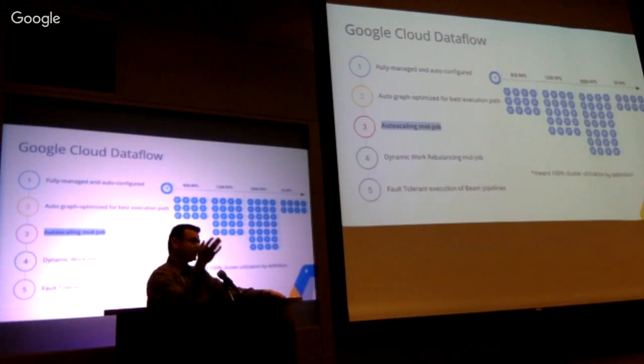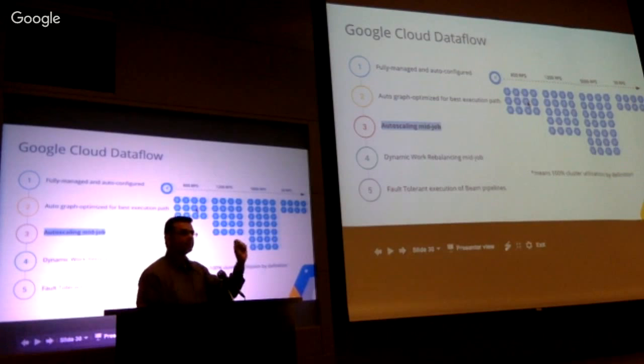If you have to scale the system on your own, how do you do it? Either you provision for the peak capacity, which is 5,000, 50,000, and then when the traffic drops to 500, you have so much free capacity that you cannot use. Wasted. So what we do as a part of data flow is we'll provide you autoscaling.